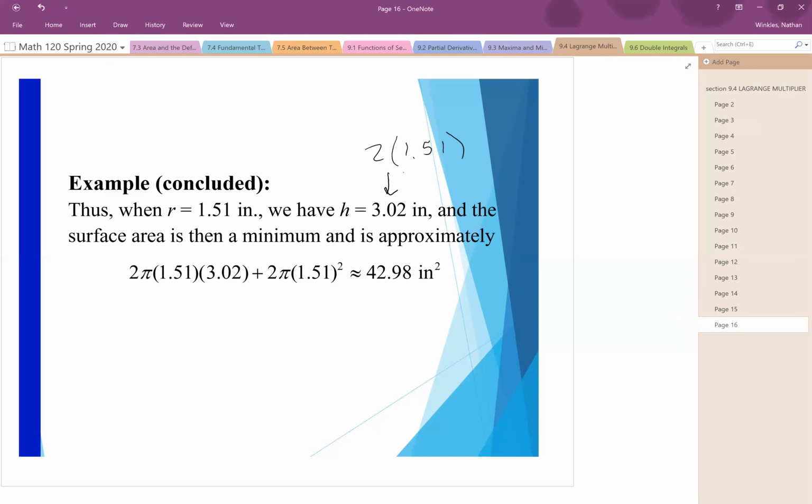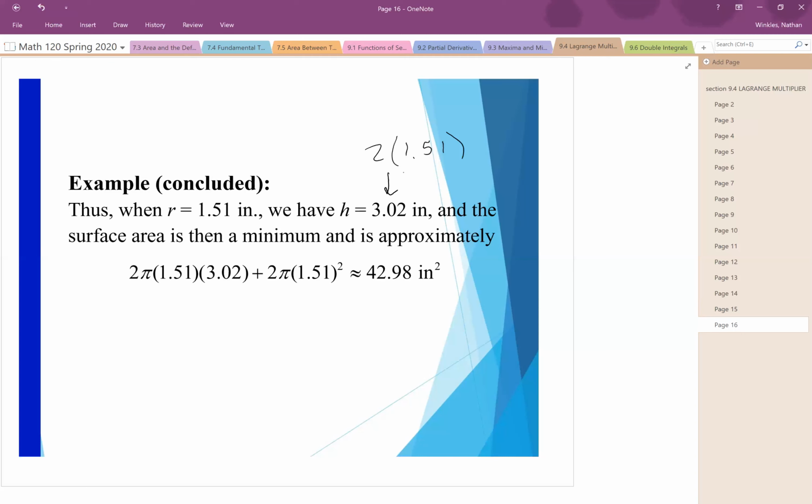So again, Lagrange multipliers are a little bit long and they are algebra heavy, but in terms of the process, it's the same exact process every time. Take the function they gave you, subtract off lambda times your constraint, find your three partial derivatives, f x, f y, f lambda.